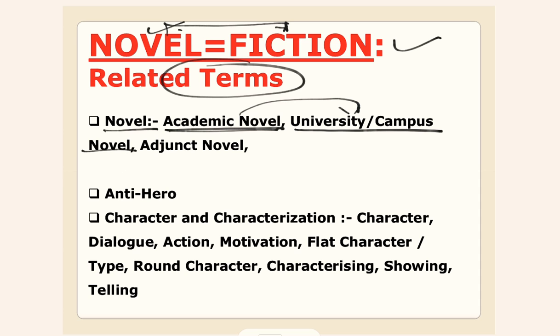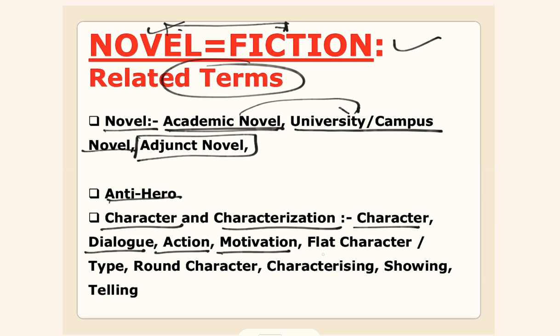These are terms for the same thing. Next, adjunct novel. Let's see other things. Anti-hero, character and characterization. Here character, dialogue, action, motivation, flat character, type, round character, characterizing, showing, telling.